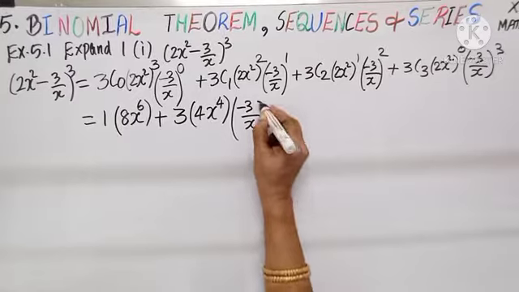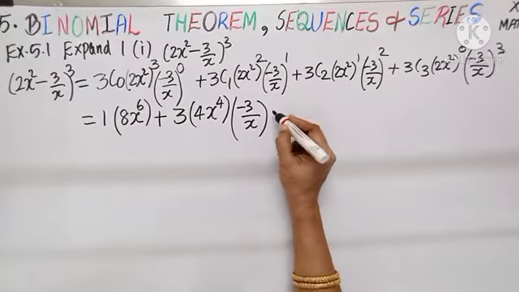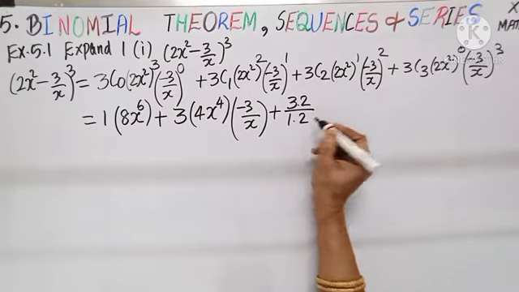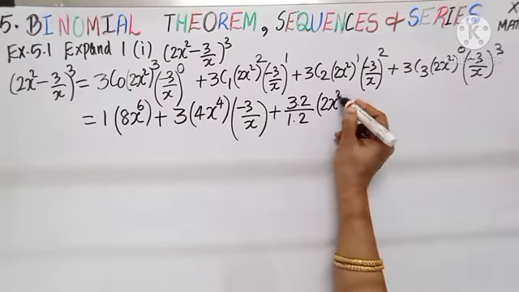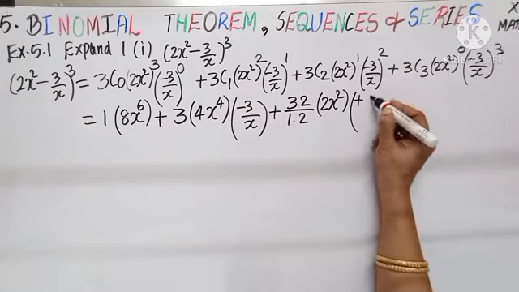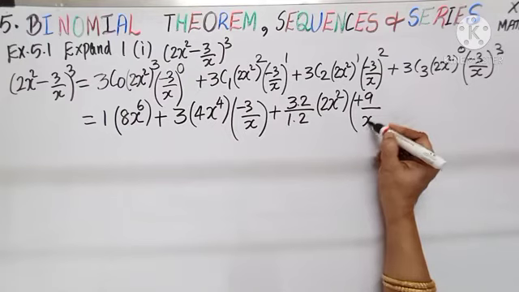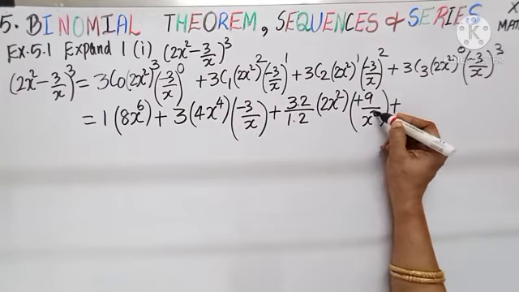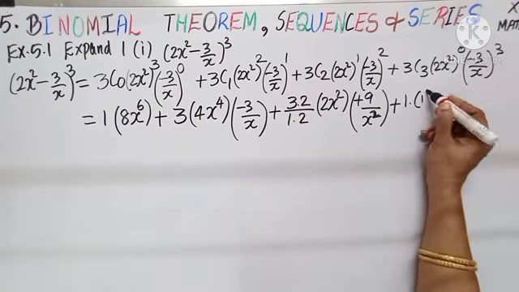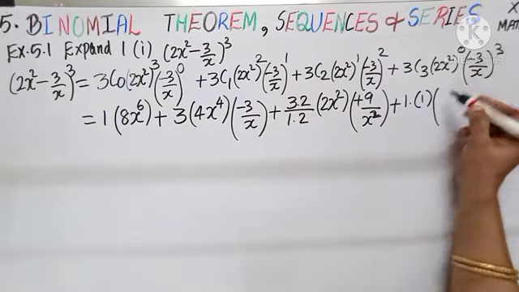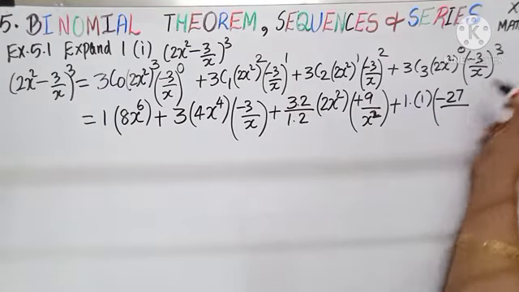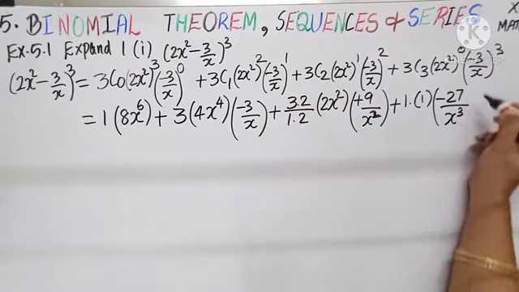Minus 3 by x whole power 1, write as it is. 3c2: 3 into 2 by 1 into 2. 2x square, minus square is plus, 3 square is 9 by x square, plus the same number comes, it is 1, power 0 also 1, minus, if I cube it is negative, 3 cube, 3 into 3 into 3, denominator x cube.